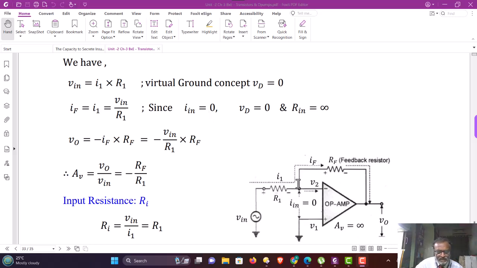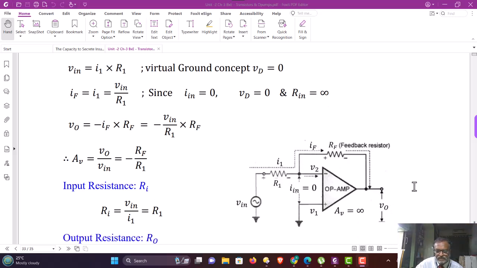Also, we have a third equation, the output voltage VO from the figure. See, this is the VO terminal, which is with respect to the ground terminal here, right? Whereas this ground terminal and the inverting terminal are at the same potential.